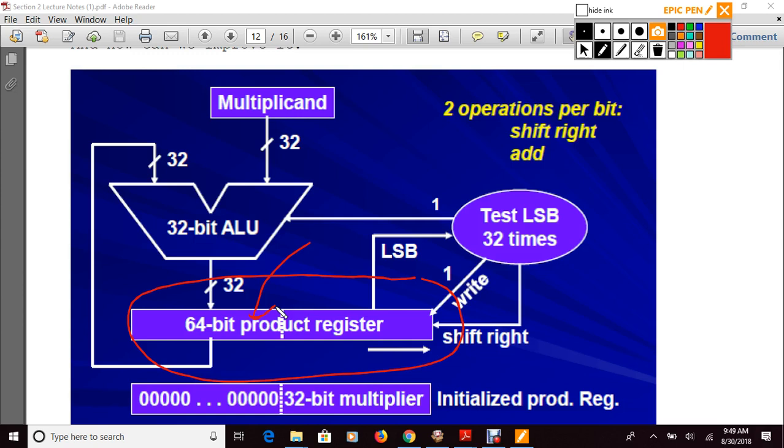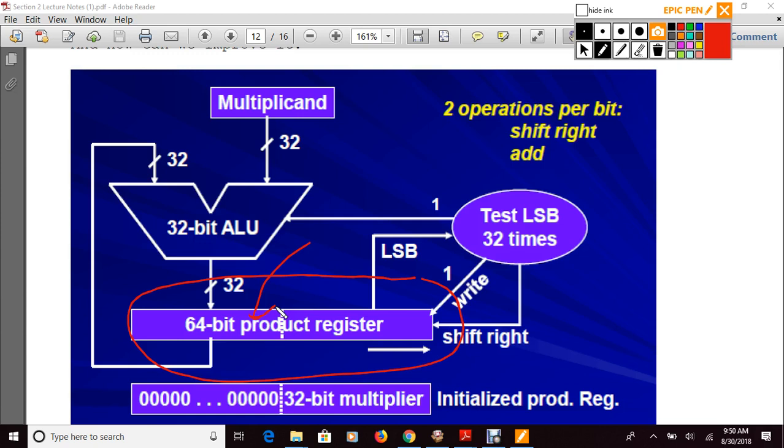So in this specific case, we have a 32-bit ALU with an adder. We take in the initial value and test the least significant bit. If it's a 1, we add. If it's 0, we don't. And then we send it back, and then we bit shift.